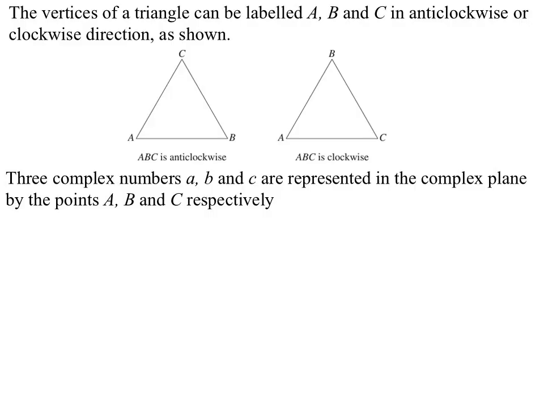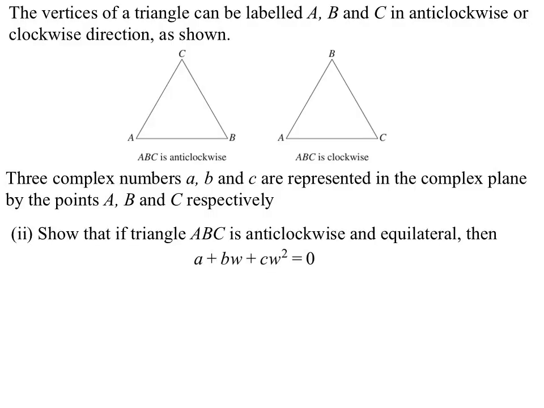Now, depending on which way round we went, that determines which point would be which complex number. Show that if we went in the anti-clockwise direction, so the left-hand triangle, then A plus Bw plus Cw squared will equal 0.